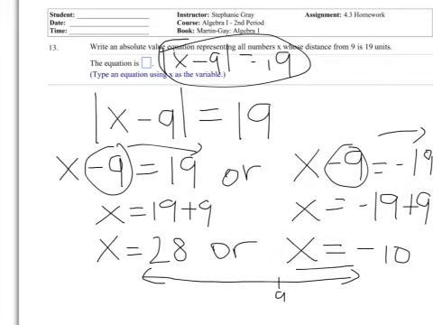Well, if I go 19 units this way, I would add 19 to that and I would get 28. If I go 19 units this way, I would subtract 19 and I'd be at negative 10. So our solution makes sense: 28 is 19 units away from 9 and negative 10 is also 19 units away from 9 in the opposite direction.